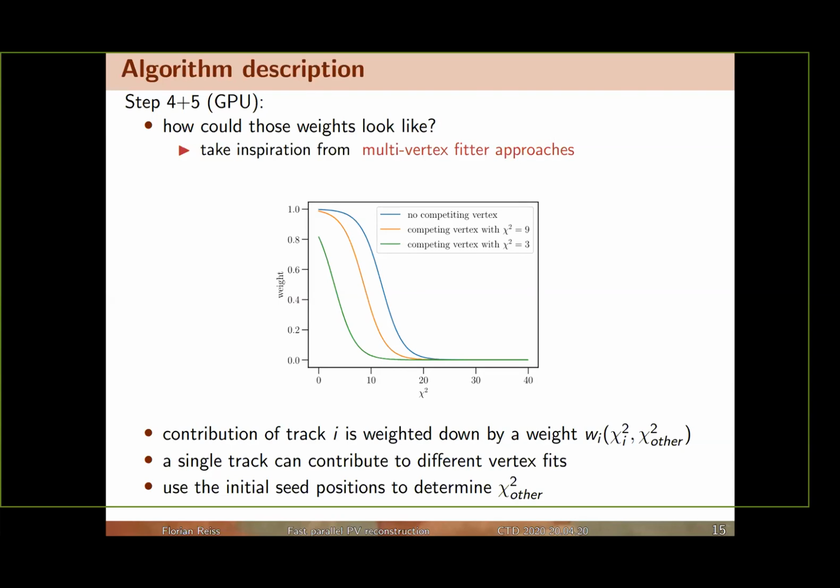Here you can now see this modified weight distribution as a function of chi-square, where the blue line shows the weight without any competing vertex, and the orange and green lines show the weight if you have additional competing vertices with a particular chi-square. This now means that a single track can contribute to different vertex fits, and of course we need to keep the different vertex fits independent of each other. So the initial seed positions are used to define and calculate the chi-square of a track with respect to the other seeds.